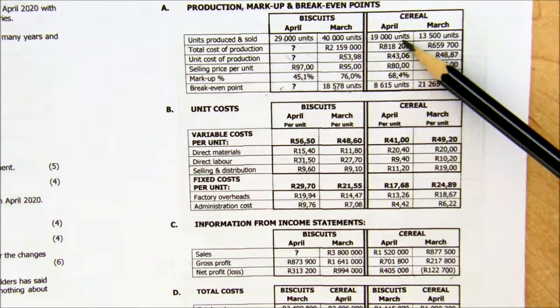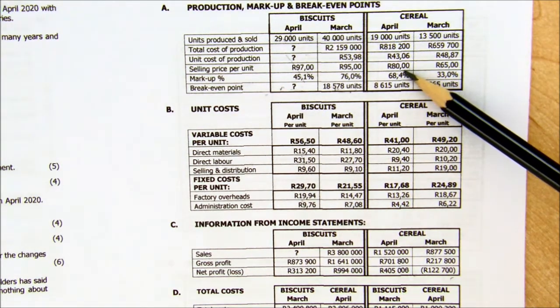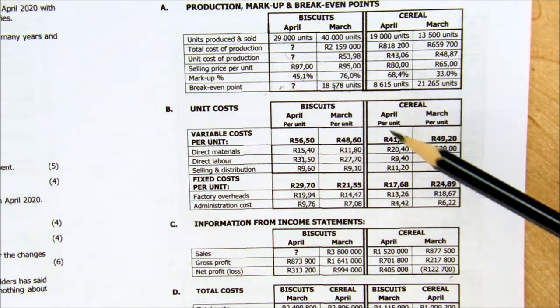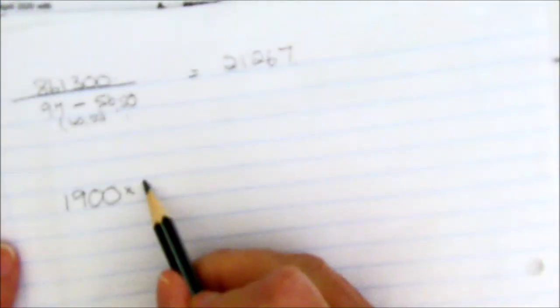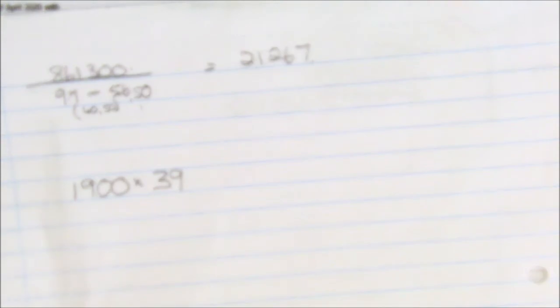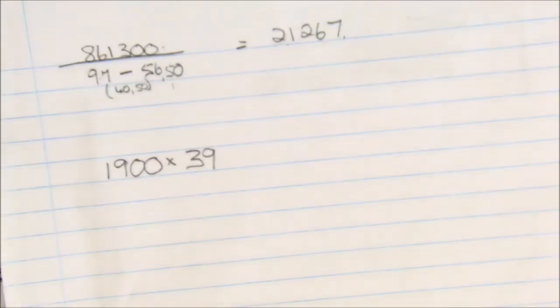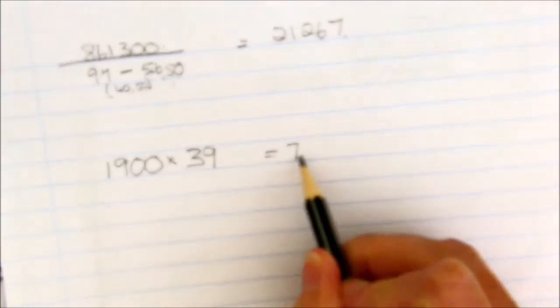It's that contribution that adds to it. So if there are 1,900 units, and we've got a selling price of 80 Rand and the variable cost is 41 Rand, that means this business has a contribution of 39 Rand, a 39 Rand surplus on each of the extra 1,900 units that they're going to produce. That will come out to 74,100.